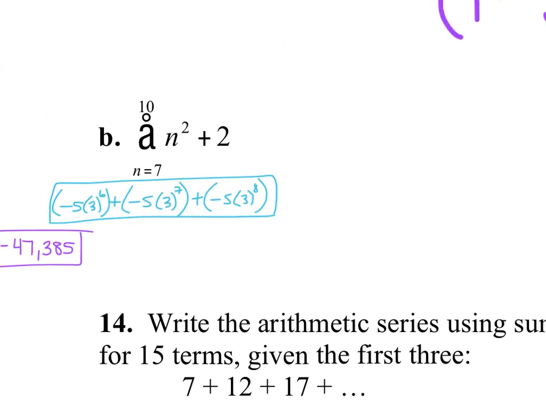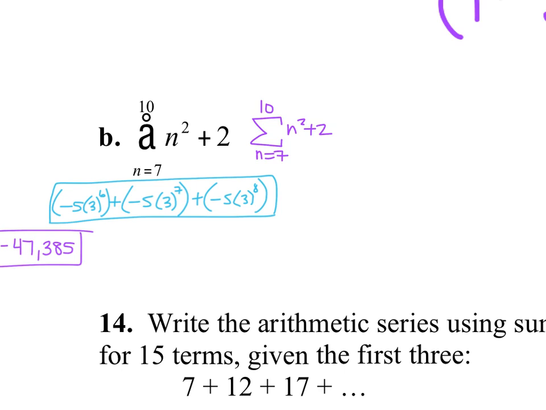Part B, again, sorry about the ugly picture. I have to go back and mess with that. So n equals 7, this is 10, and this is n squared plus 2. Okay, so for this one, I would just do it the way I just showed you.